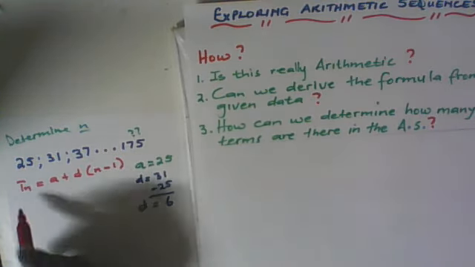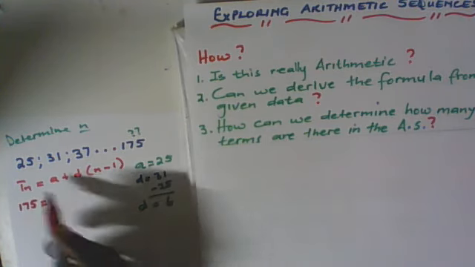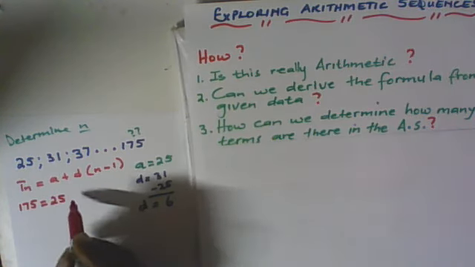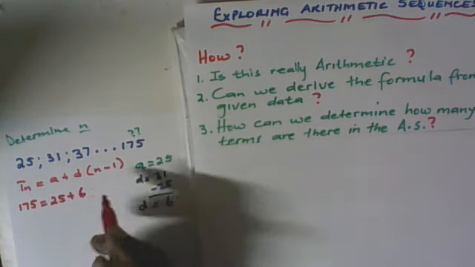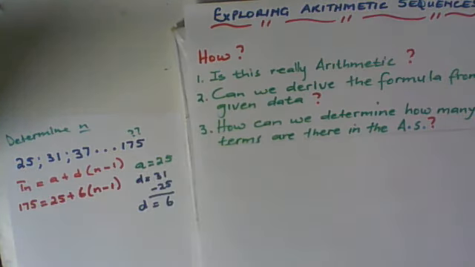So Tn will be 175 equals A, which is 25, plus the constant difference 6, times n minus 1.